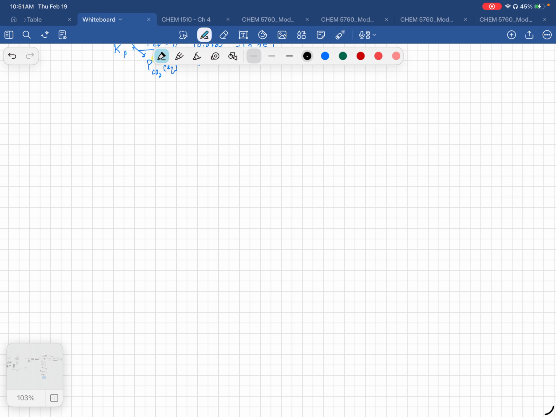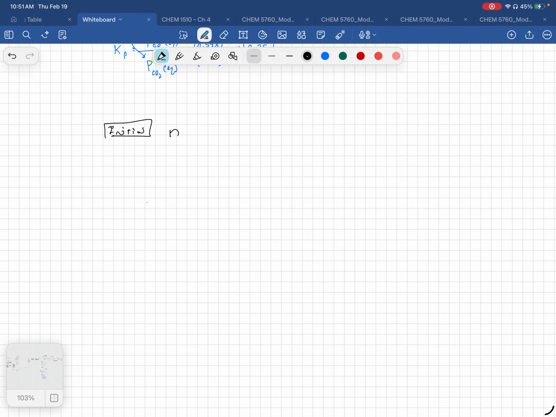So let's say we are given that our initial conditions are that we have some reaction, carbon monoxide plus H2O gas in equilibrium with CO2 gas and H2 gas.